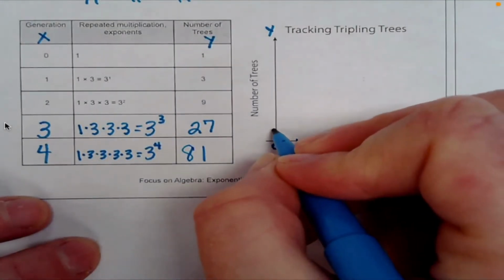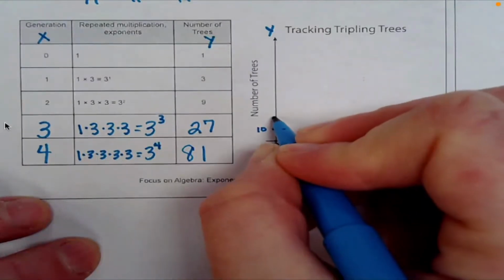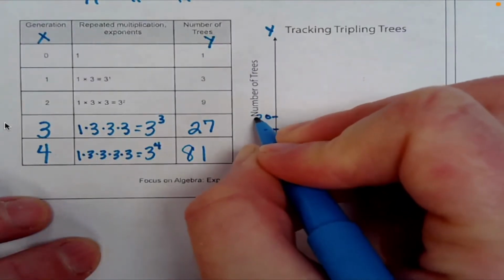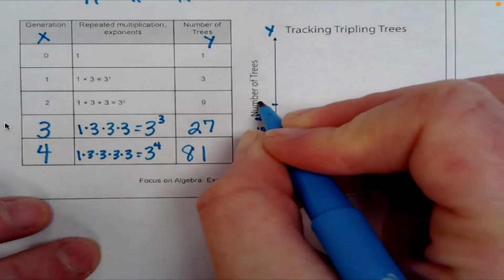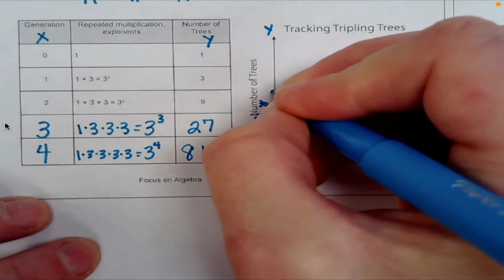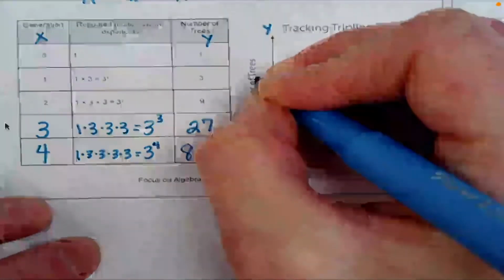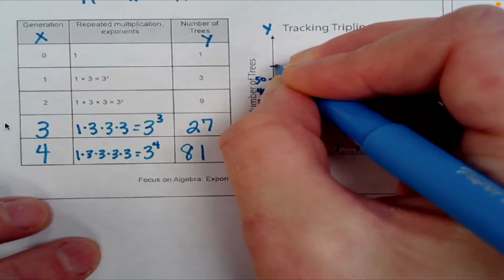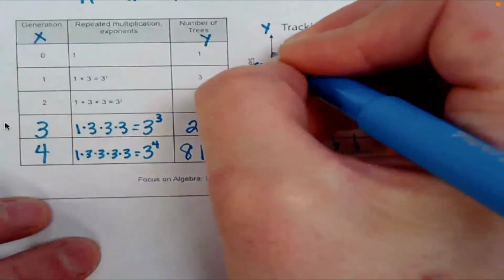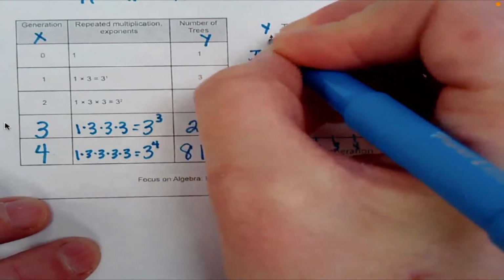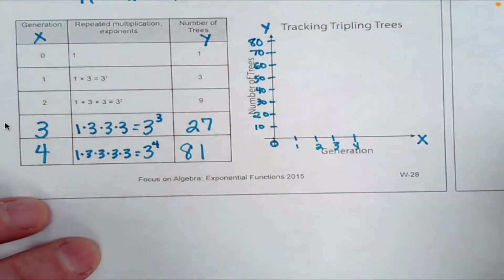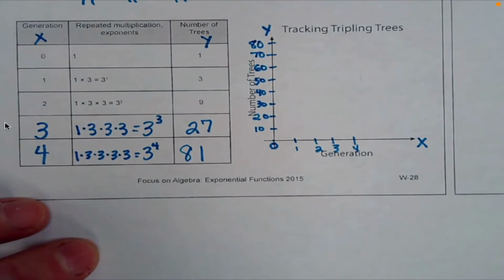Yeah, I would say 10s is pretty good. So 10, 20, 30, 40, 50, 60, 70, 80. That looks pretty evenly spaced out.